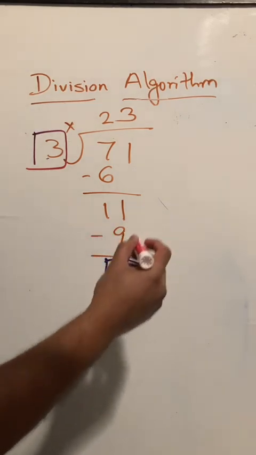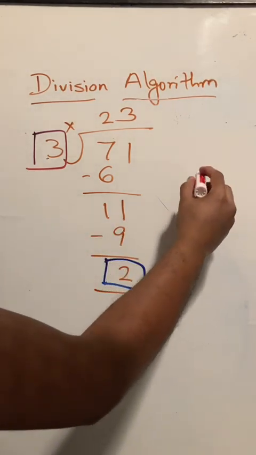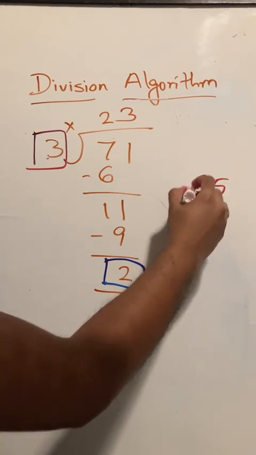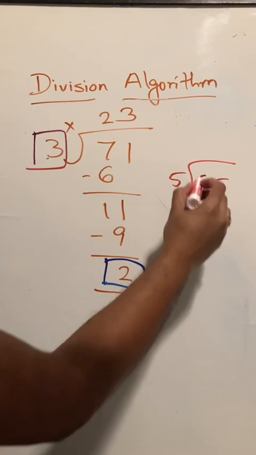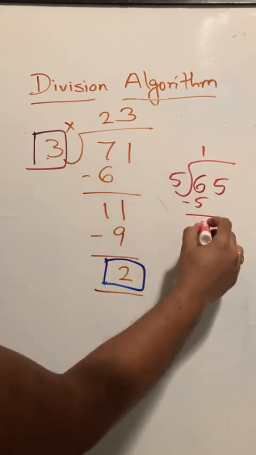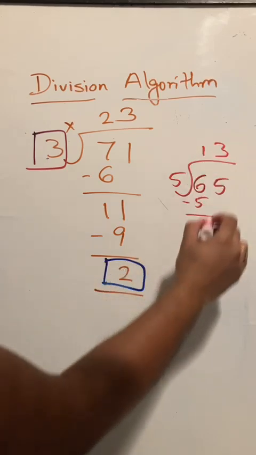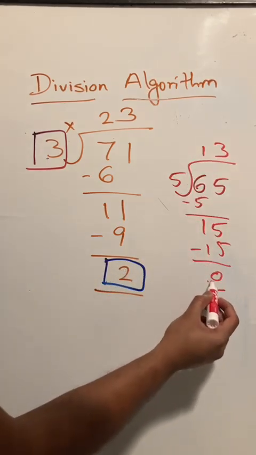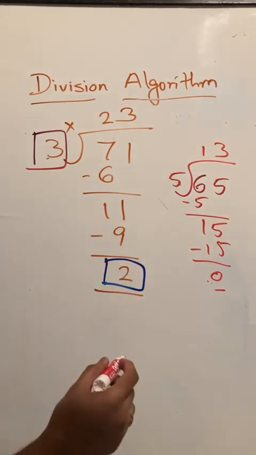So let's take another example, like 65 divided by 5. 5 ones are 5. Subtract. 5 threes are 15. Subtract, 0. If you look at this one, 0 is always less than 5.